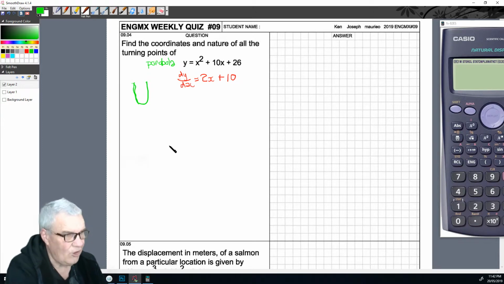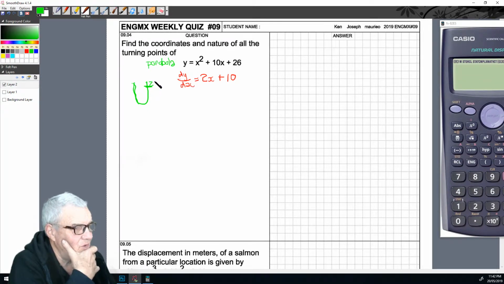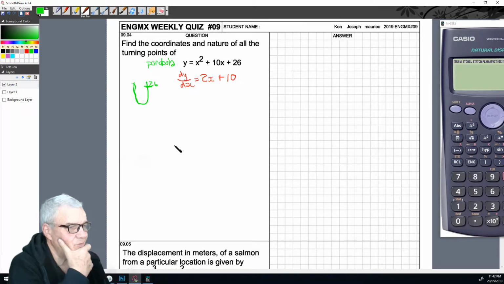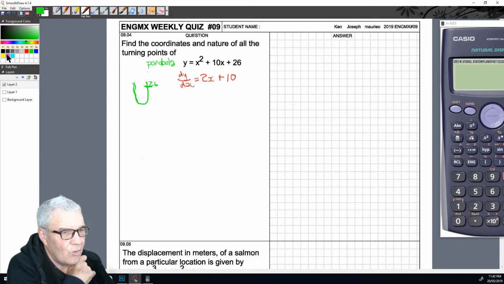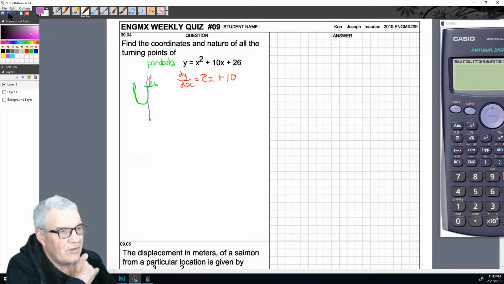So straight away I know that it's a minimum, and I also know that because of the shape, that's the y-axis there, and it goes through 26 like that, and then that's going to keep going up.